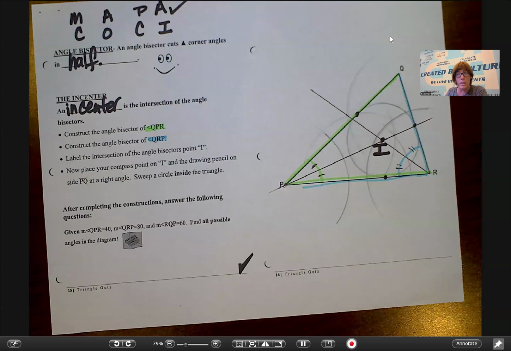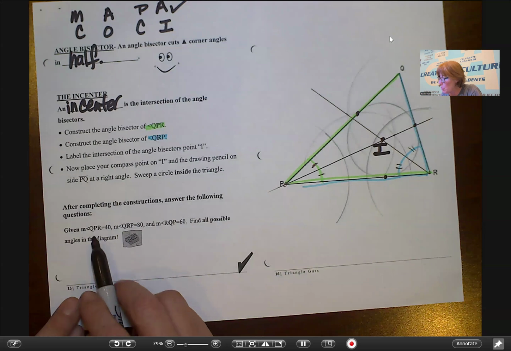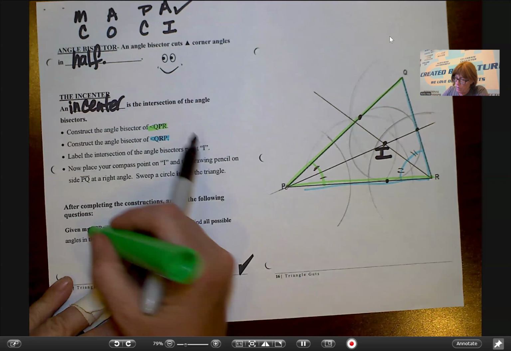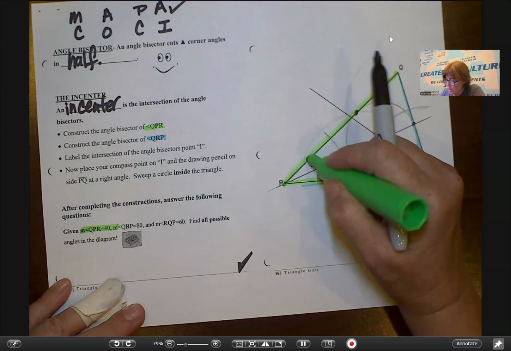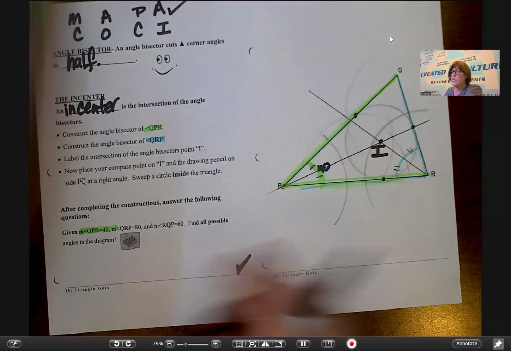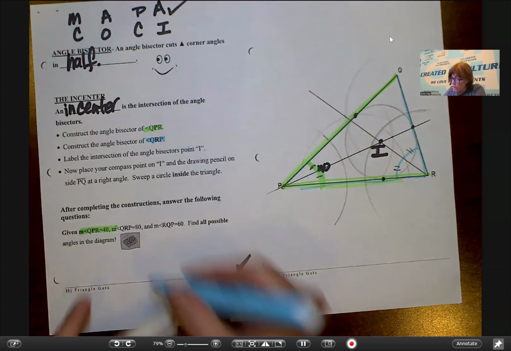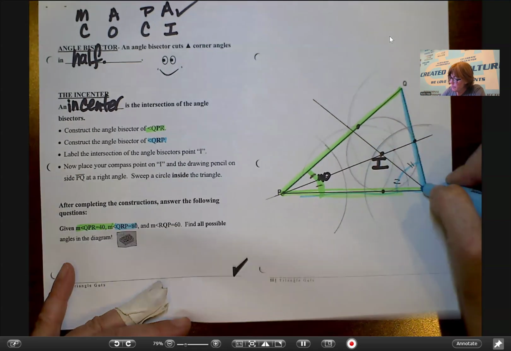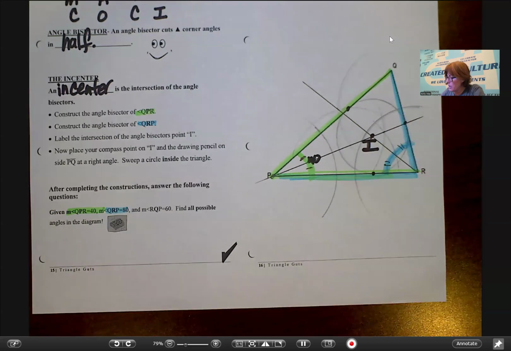Now, you got a couple things to figure out. We are given the measure of QPR, this angle is 40 degrees. And we are given the measure of QRP, this angle is 80 degrees.